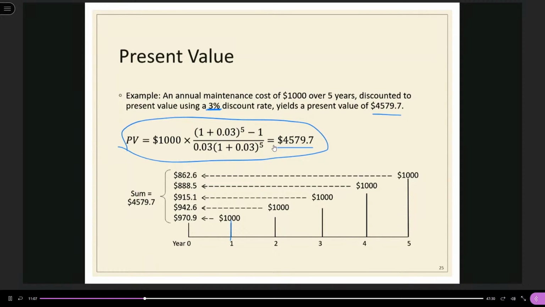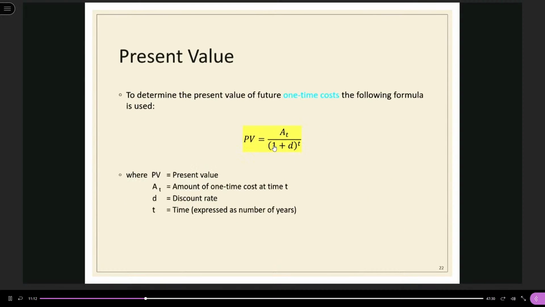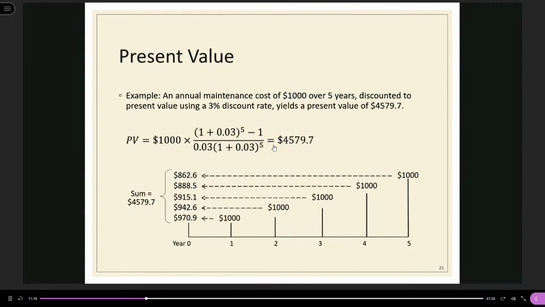You may use this equation to calculate the present value of a one-time payment. $1,000 divided by 1 plus 3%, and in the fifth year, it will equal 862.6.